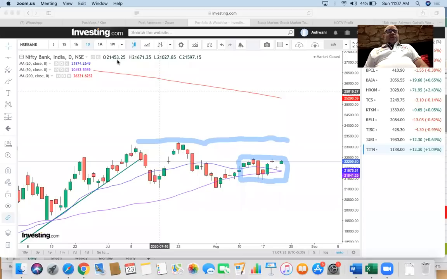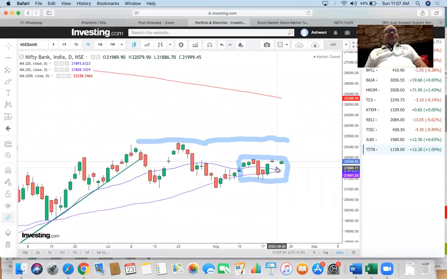Now, what kind of stop do you want for this sort of position? The low of this bar is about 21,886, which will be a wide stop.